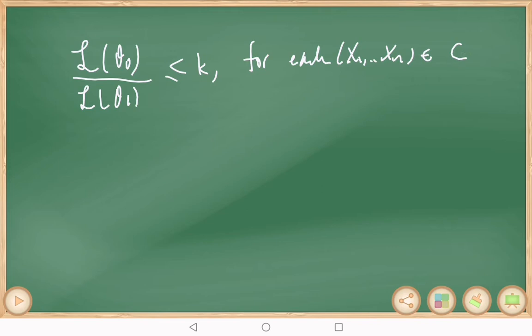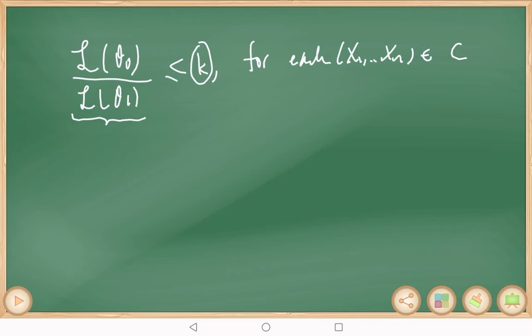Basically we simply need to consider the ratio of the two likelihood functions, one under the null, one under the alternative, right? So if the alternative is more likely, the likelihood in the denominator will be much larger than the likelihood in the numerator, right? So when it is sufficiently large, then this k here will be small, right?